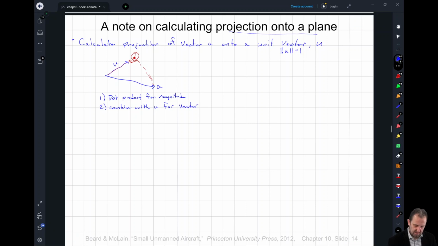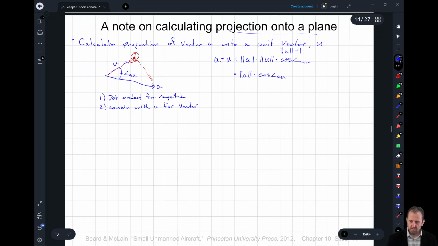If we look at A dot u, that's going to be the magnitude of A times the magnitude of u times the cosine of the angle between A and u. We'll define this angle right here as the angle between A and u, which then tells us that this is A times the cosine of the angle between them. So that'll give us our magnitude.